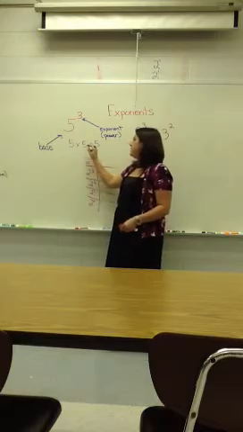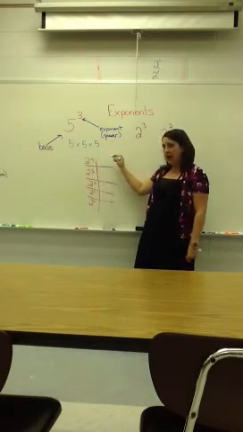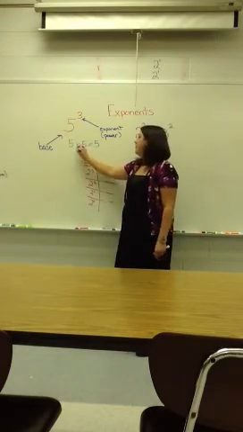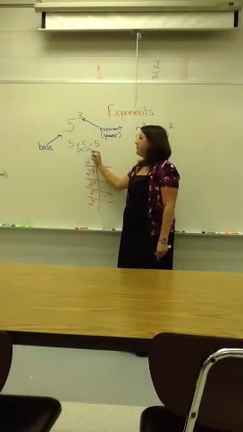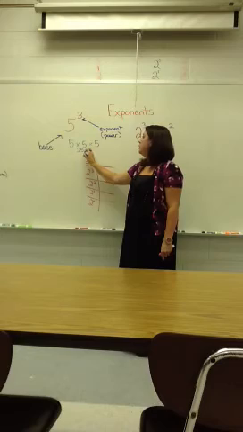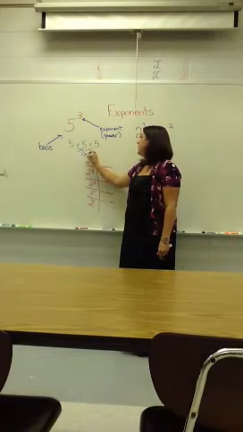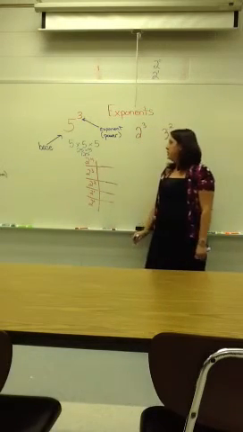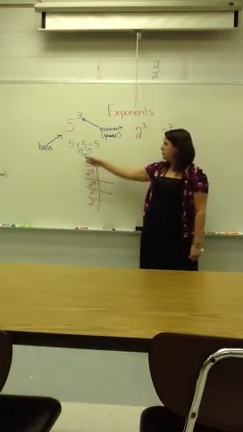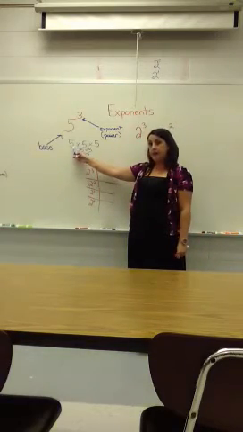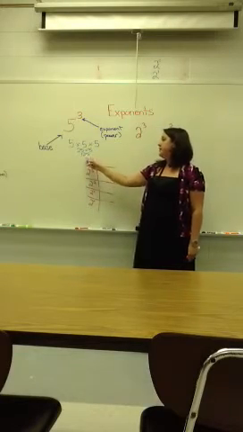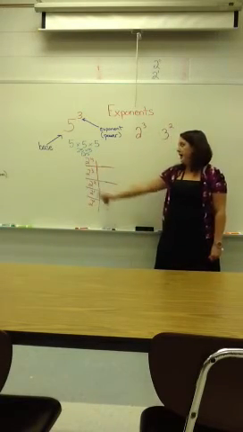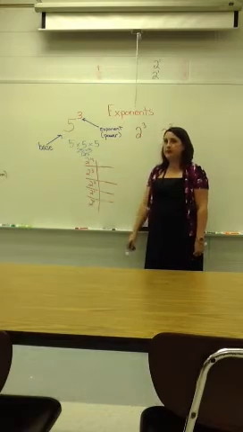So 5 times 5 times 5. So if I look at that, 5 times 5 is 25, and 25 times 5 has a value of 125. So 5 to the third power in expanded form would be 5 times 5 times 5, and in standard form, the value of that would be 125.